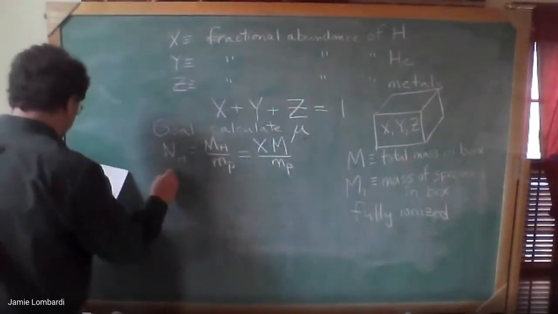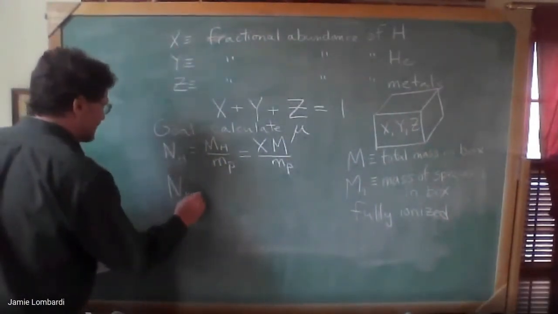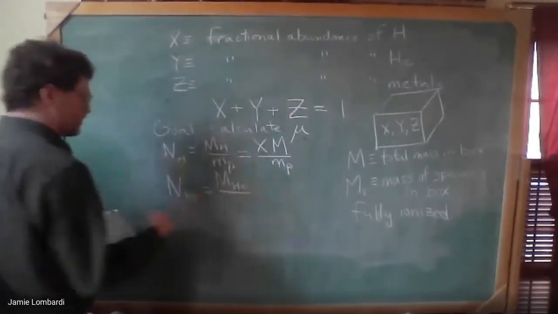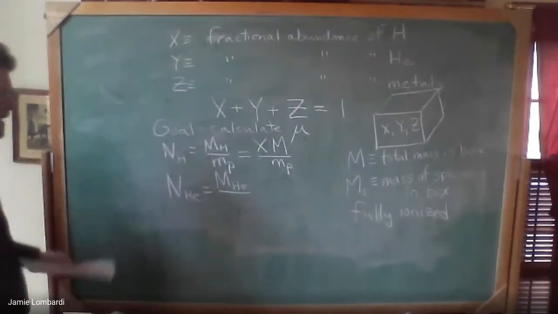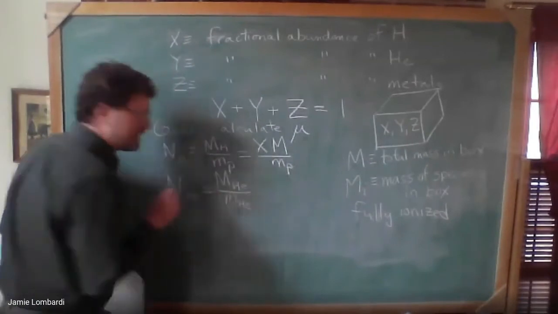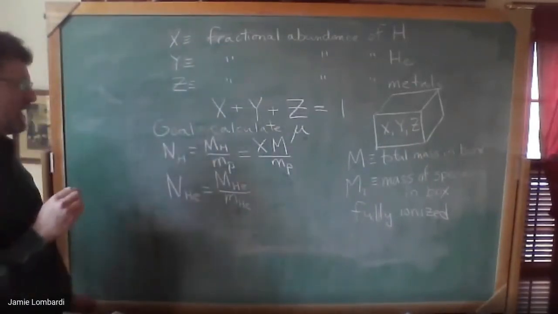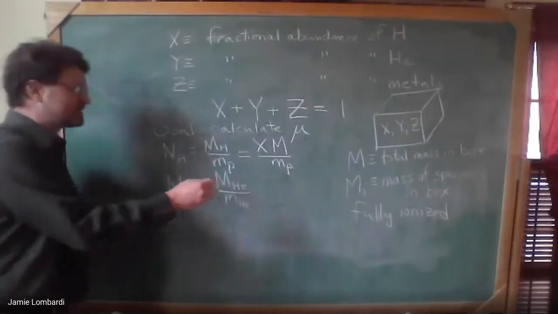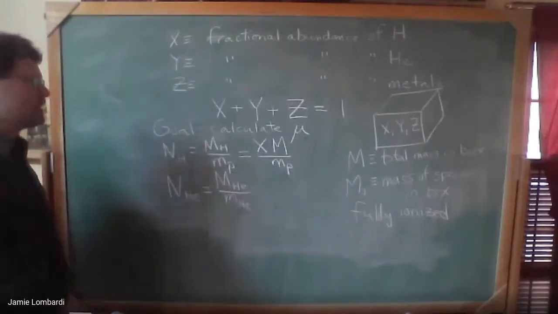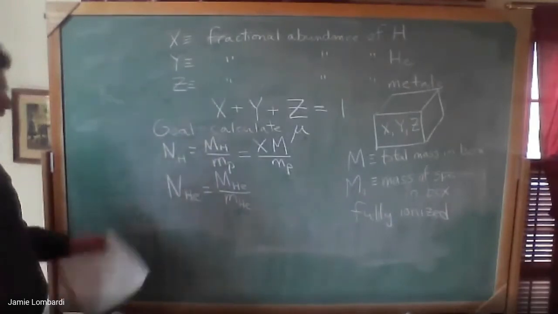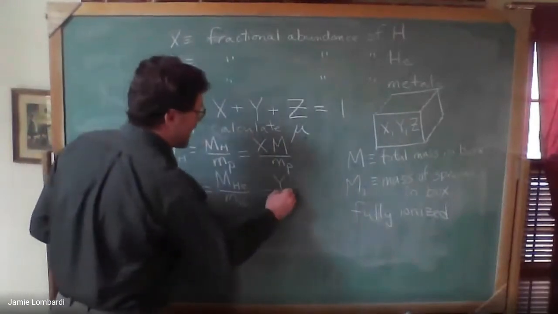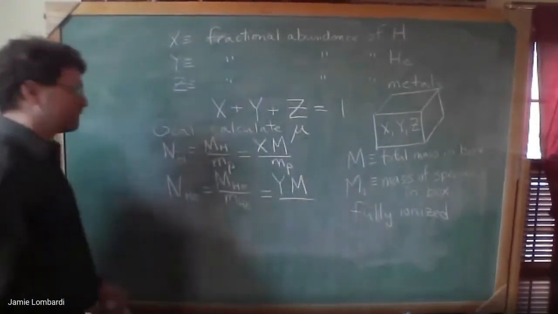When I write down the expression for n sub he, we'll see how things change. It's still the mass of that species in the numerator, but now I need to divide by the mass of a single helium nucleus, m sub he. If I take the total mass in helium divided by the mass per helium nucleus, then I would get the number of them. Now the numerator I could write as y times the total mass.